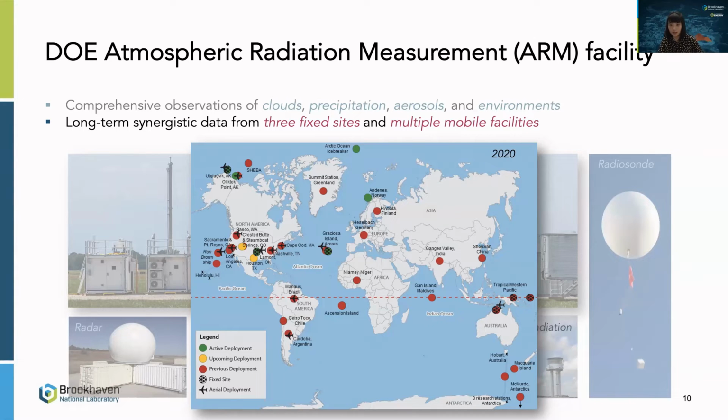It was made in 2020, and we have a few more today. But it shows you the idea of deploying those mobile facilities to different parts of the world to observe different types of clouds. Especially, you have three fixed sites. One is in Oklahoma, the second one is in the Azores, and also you have one in Alaska.